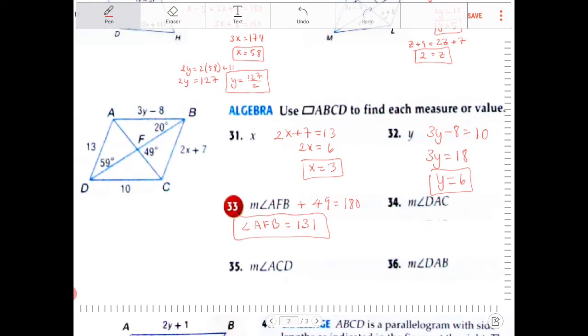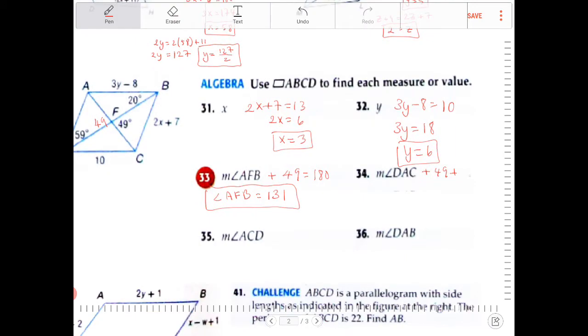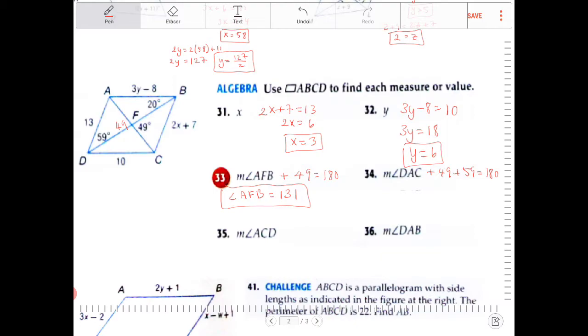Next, we're solving for angle DAC. Since we know angle CFB is 49, then we know that this angle over here must also be 49. So DAC plus 49 plus 59 should equal 180 because I have a small triangle.